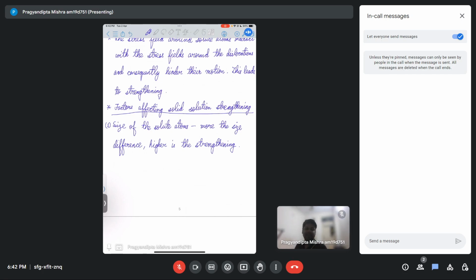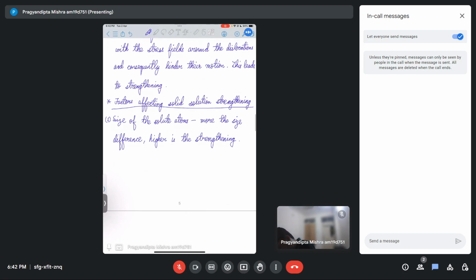Secondly, of course, the elastic modulus of the solute. How strong the solute in itself is. If the solute atom itself is very strong, then we will see that the hindrance will be more, as an obvious thing.